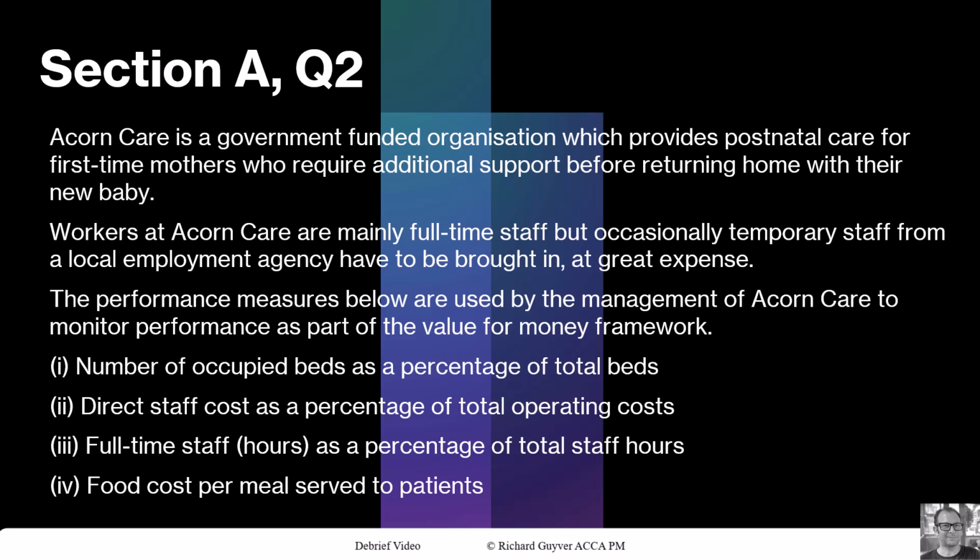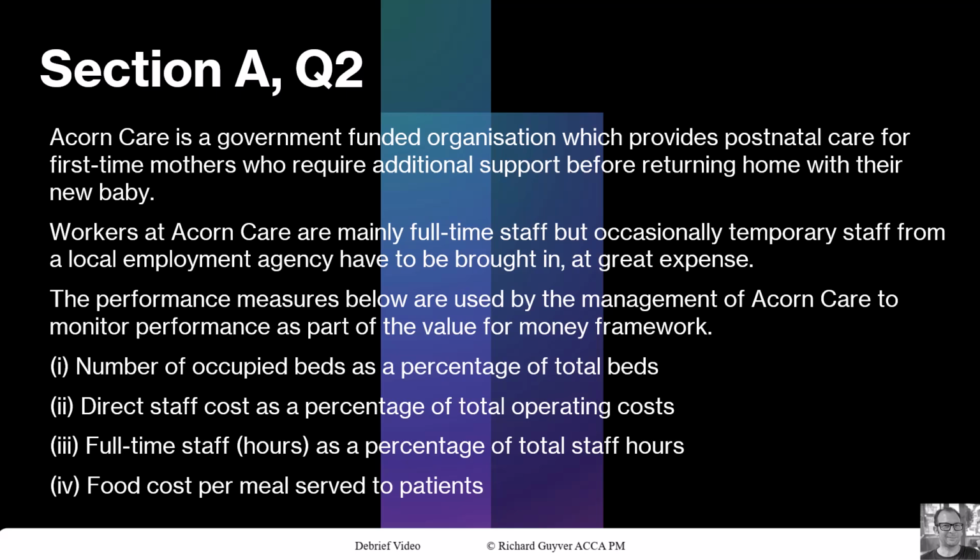Number 1 there, number of occupied beds as a percentage of total beds. This is a measure of efficiency. If only 10% of the beds that are available are being used, then we're not using that resource to its maximum. So 1 is efficiency, we can rule that one out. 3, full-time staff hours as a percentage of total staff hours.